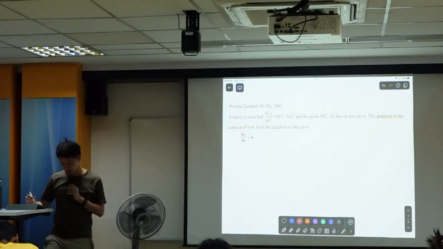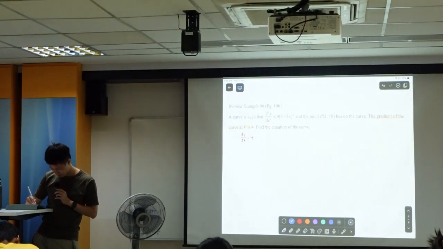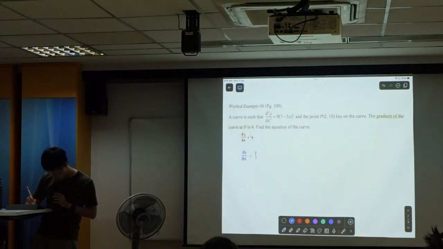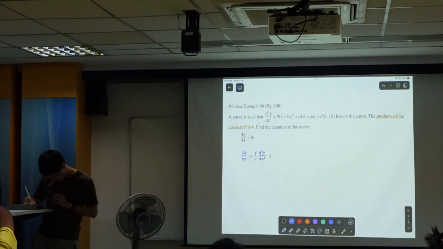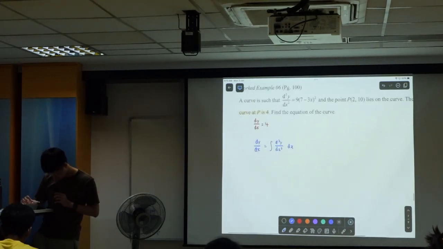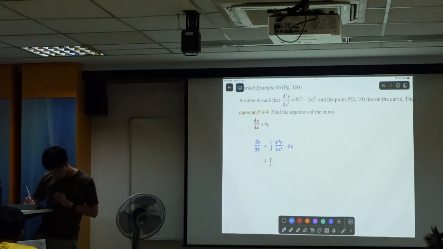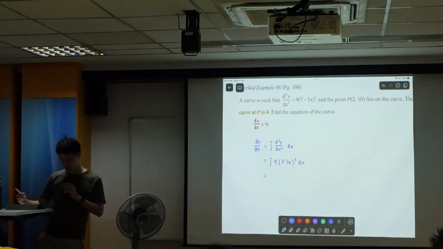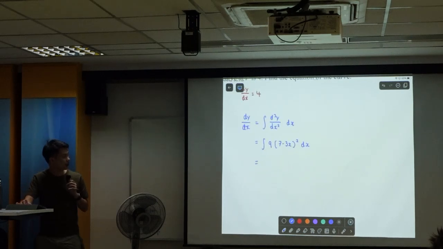So to find dy/dx now, we integrate d²y/dx² dx. And this is simply the integration of 9 times (7 minus 3x) squared dx. So we apply the power function law.